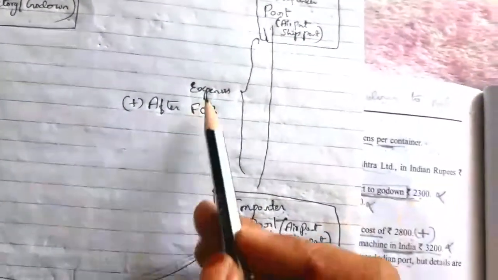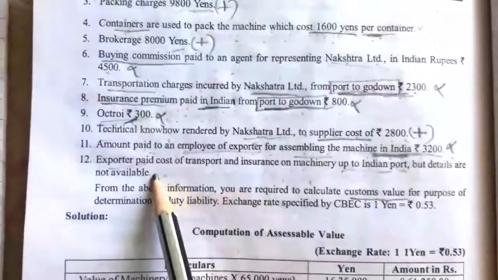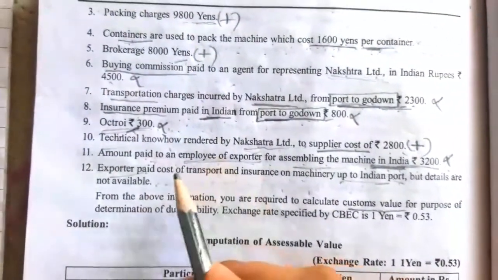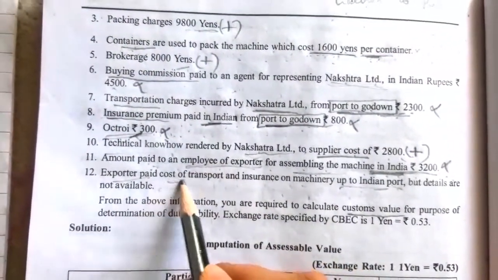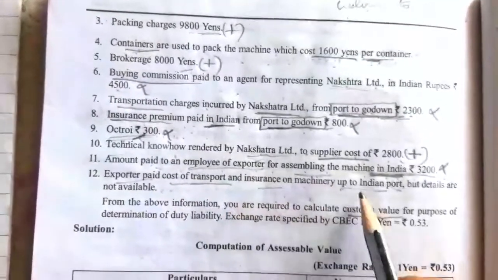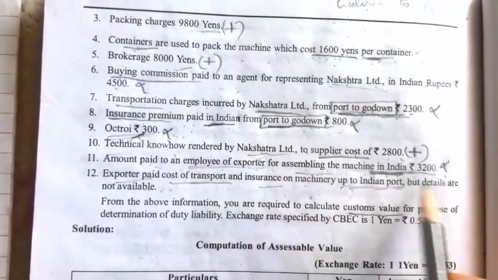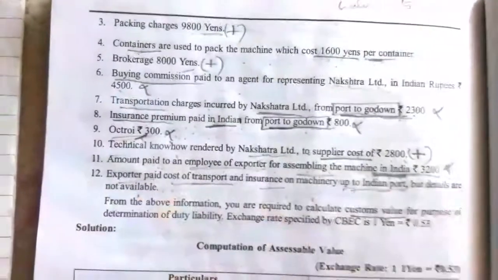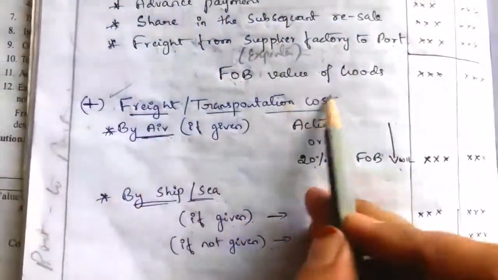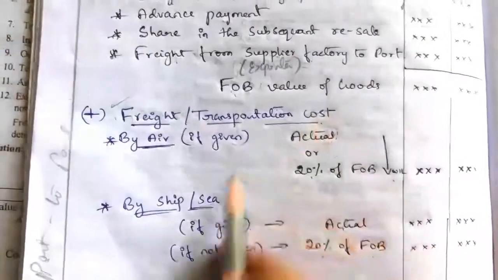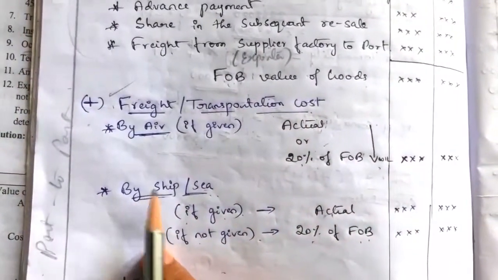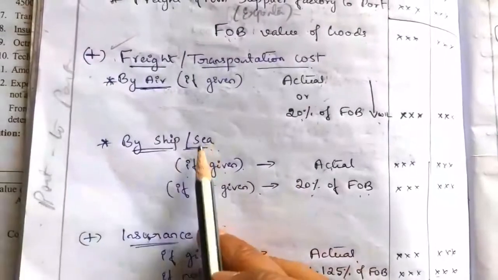So that should be added after FOB. So the exporter paid expenses as incurred. The exporter paid cost of transport and insurance on machinery up to the Indian port, but details are not available. So when no details are given about the freight and transportation, we have to take it assuming that it is by ship.